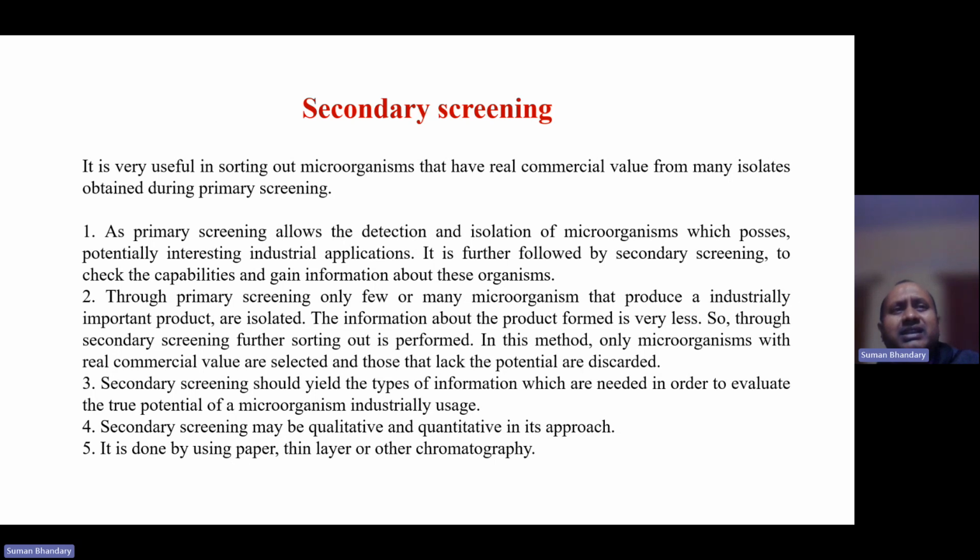And lastly, we can say that it should select industrially important microorganisms and discard others which are not useful. And the newly isolated strain should be economically used in the fermentation process.